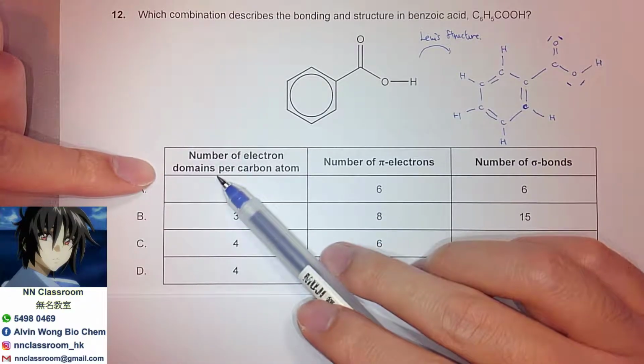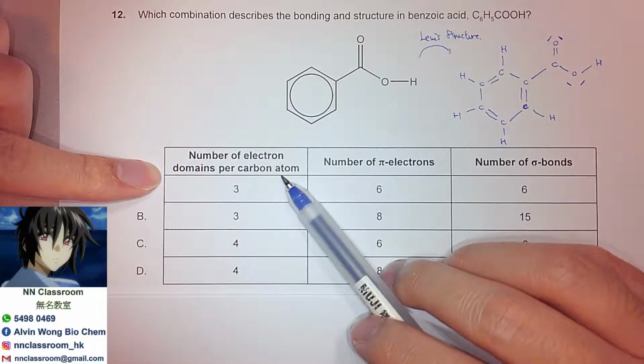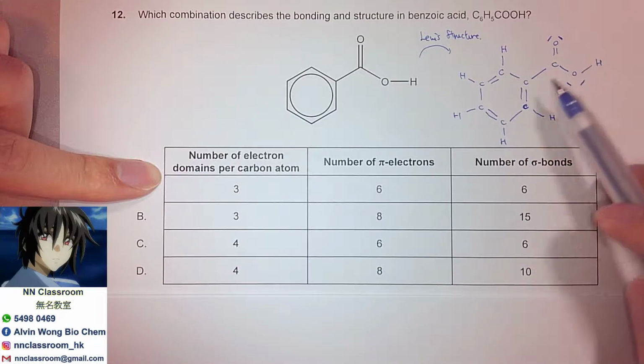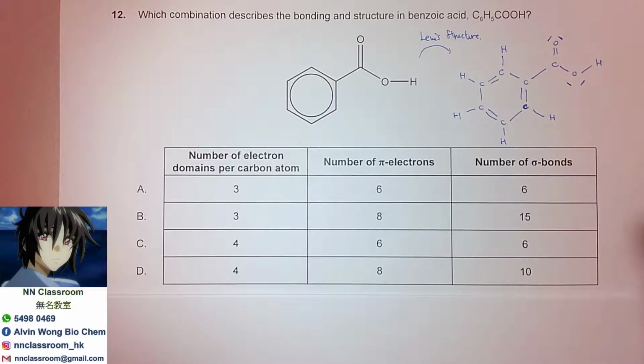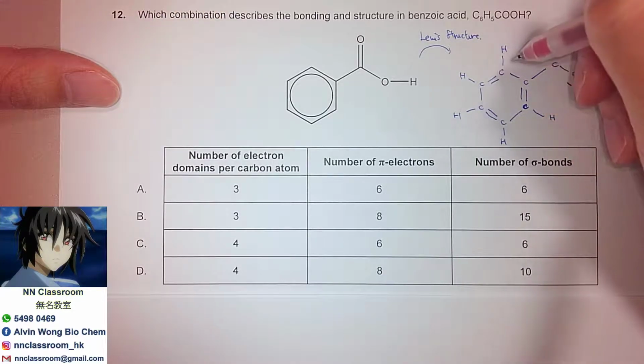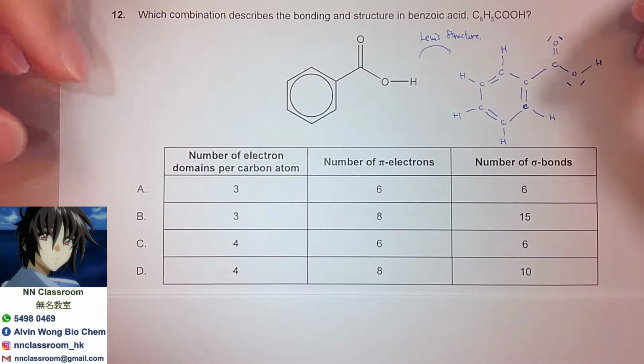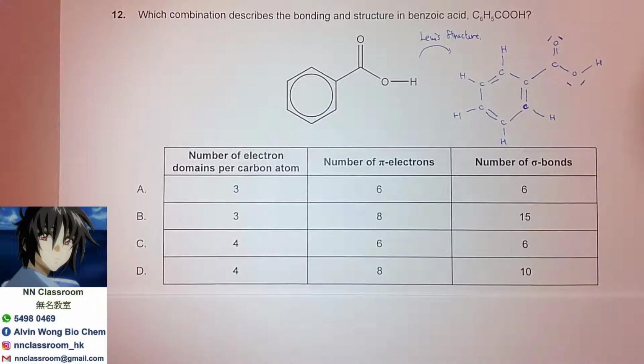So in this case, we further look for the number of electron domains per carbon atom. You can see all the carbons actually have 3 domains. How we count it is that one bonding area counts as 1 domain. No matter whether it is a double bond or a triple bond, all those count as 1 domain. That's why we use the word domain instead of pair, right?